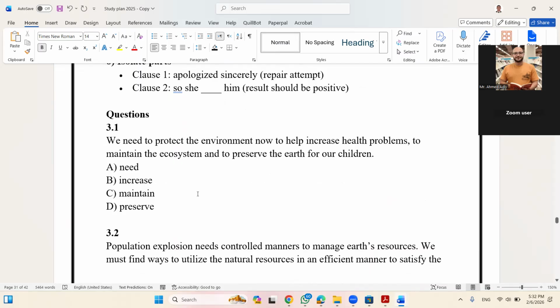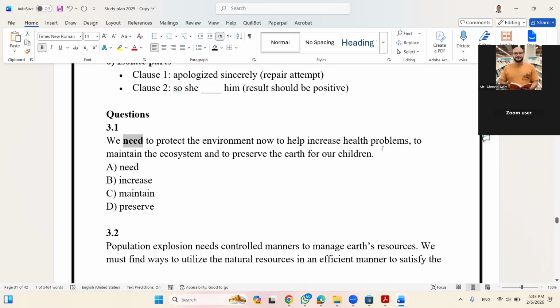We need to protect the environment now to help increase health problems, to maintain the ecosystem, and to preserve the earth for our children. The words are given here. We need to maintain, protect the environment. Now, if the sentence is a little bit lengthy, break it down.